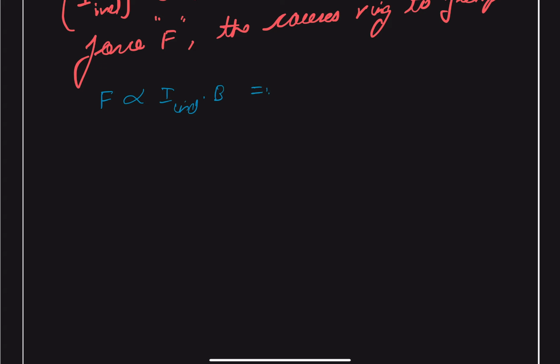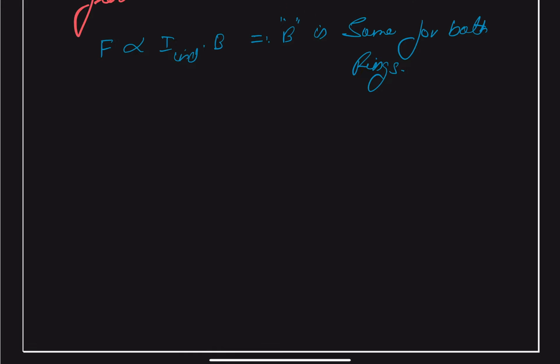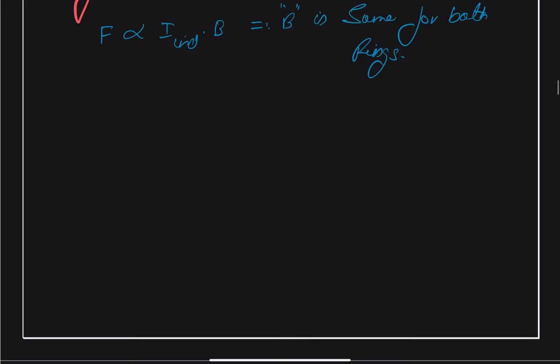The magnetic field B is the same because the current is the same for both rings. So as a result, our force is directly proportional to the induced current, inversely proportional to the resistance, and hence inversely proportional to the resistivity.